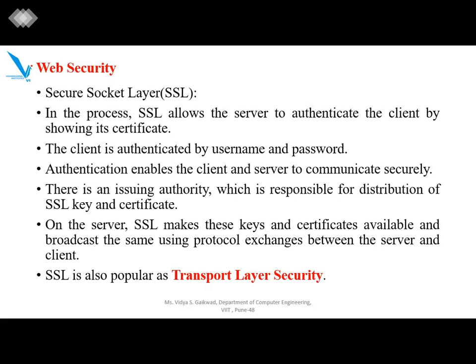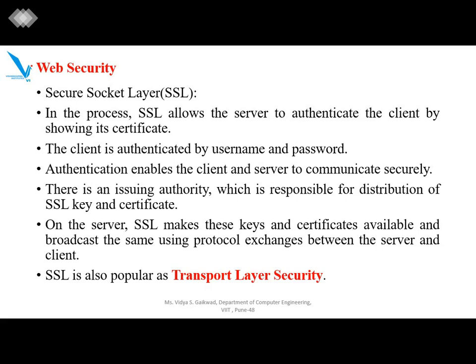So there is an issuing authority which is responsible for distribution of SSL key and certificate. On the server side, SSL makes these keys and certificates available and broadcasts the same using protocol exchanges between the server and the client.